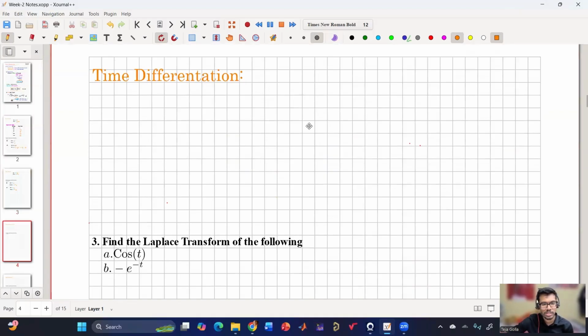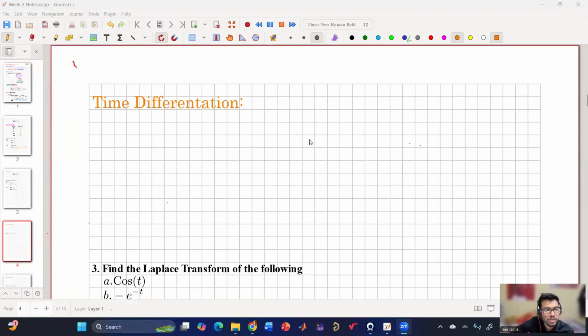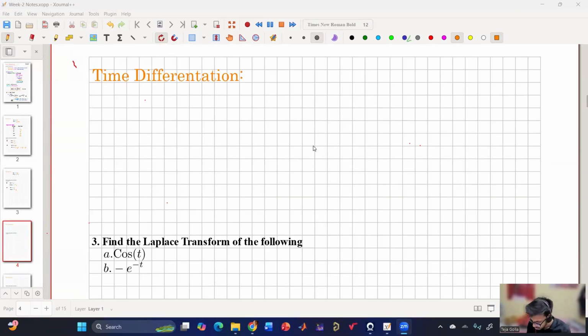Now we'll go to another one, which is time differentiation. If we have differentiation in the time, how are we going to convert this into the frequency domain? Let us say we have x of t in the time domain, and we have x of s.